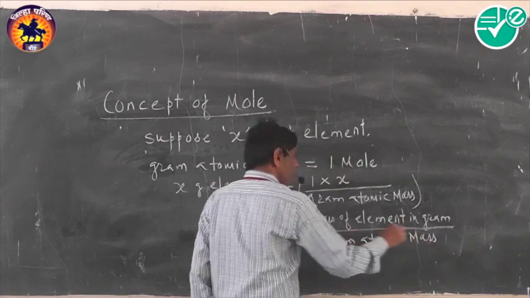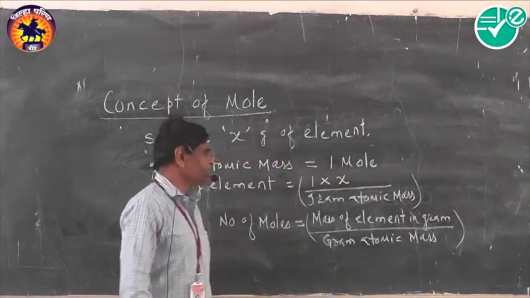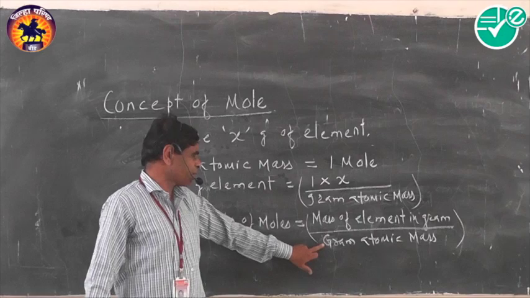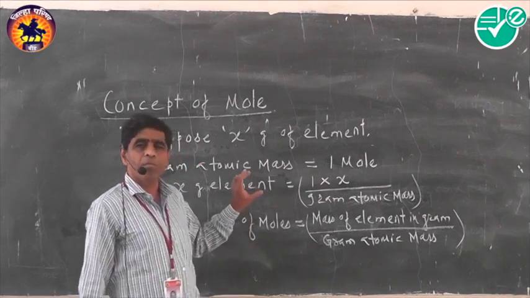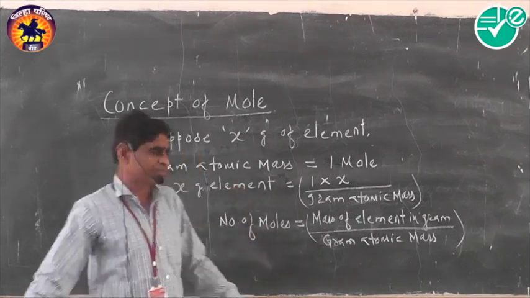And thus when mass of element in gram is divided by its gram atomic mass, it gives the number of moles of that element.